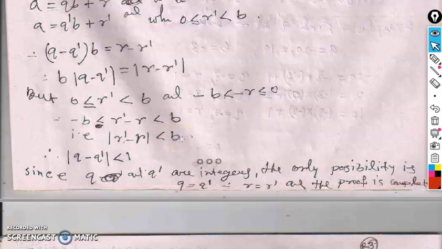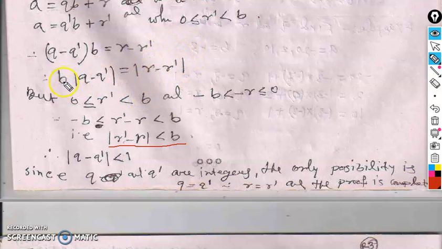Okay, so that's very important: since |q dash minus q| should be less than 1, the question is why we consider |q dash minus q| less than 1. Because if |r dash minus r| is less than b, that means if we put this value here, the result is less than b.